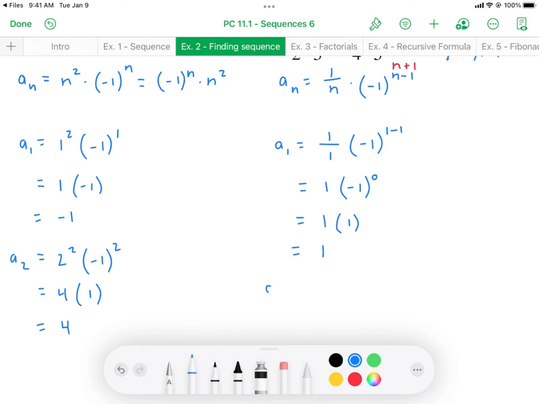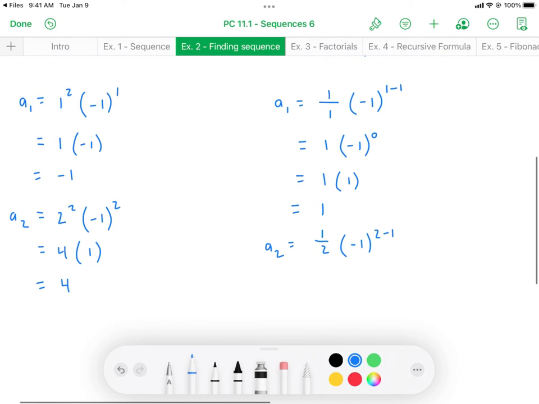All right, a sub 2, n is 2, that's 1 over 2 times negative 1 to the power of 2 minus 1, or 1/2 times negative 1 to the first power, resulting in negative 1/2. So notice by using either n minus 1 or, again, n plus 1, the even numbered values of n are actually making the power on negative 1 odd, which is going to keep it negative. Okay?